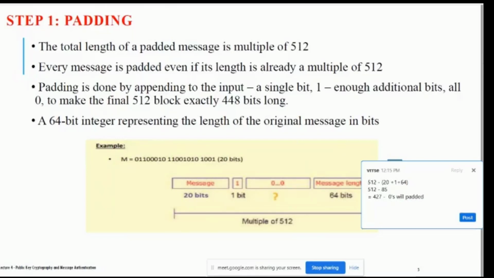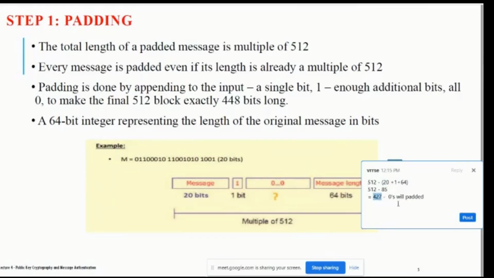Please note this down somewhere. 512 is the length of the block. You have only 20 bits of data, so you are going to add some zeros. How many zeros are we going to add?